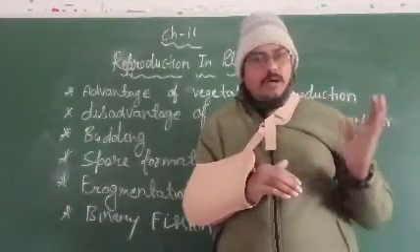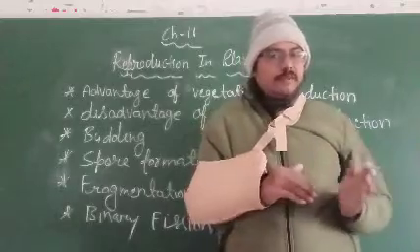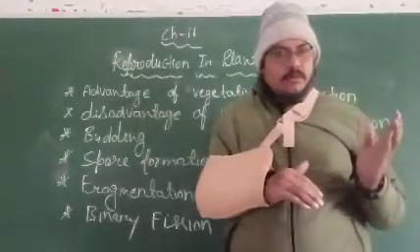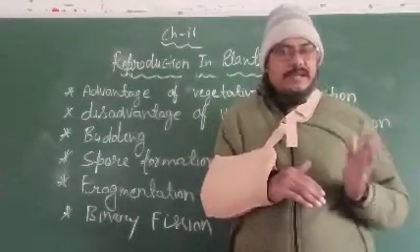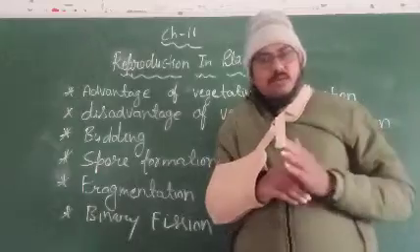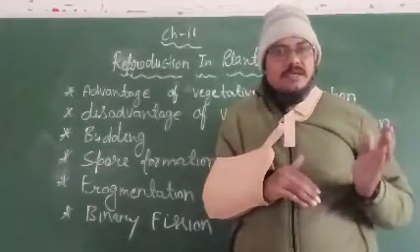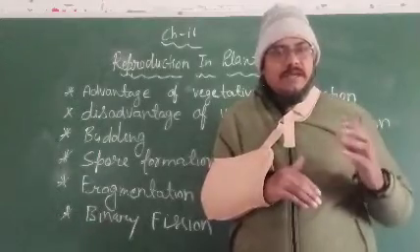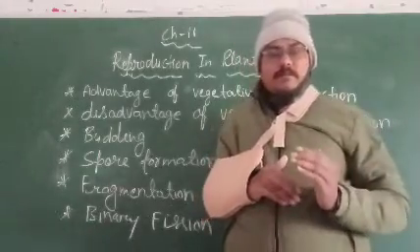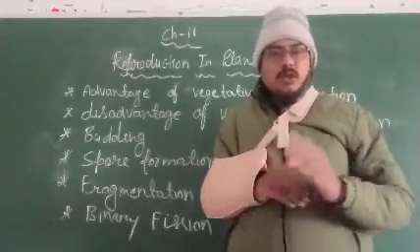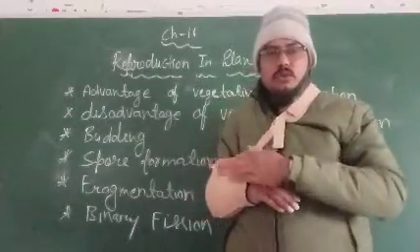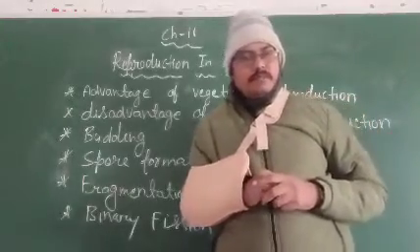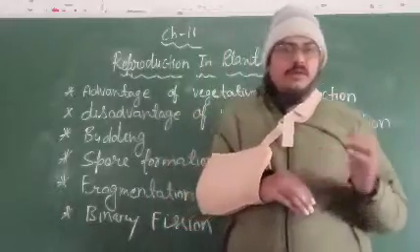If a plant is grown with the help of its body part and that mother plant is not fit, not good, if it has some disease in it, then because a new plant is grown from its body part, the disease will also transfer to the new plants grown from that mother plant. Means the undesired quality will also pass.